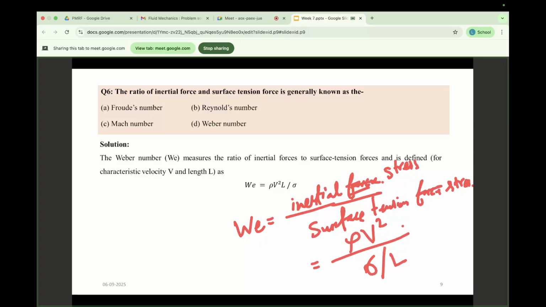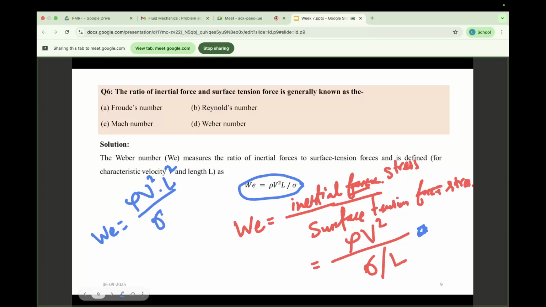So if it is force, what will it look like? It will look like, in case of force, the same thing coming from here also. If you take the inertial force, then also the same thing is coming, rho v square into area. So area I write as L square. Surface tension force is sigma into L, right?